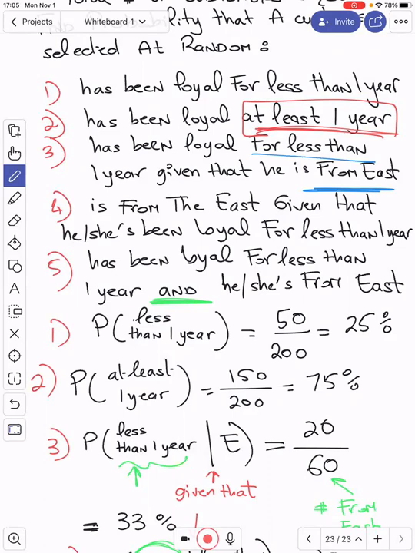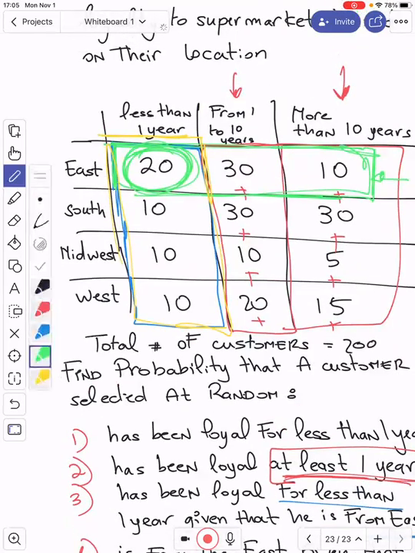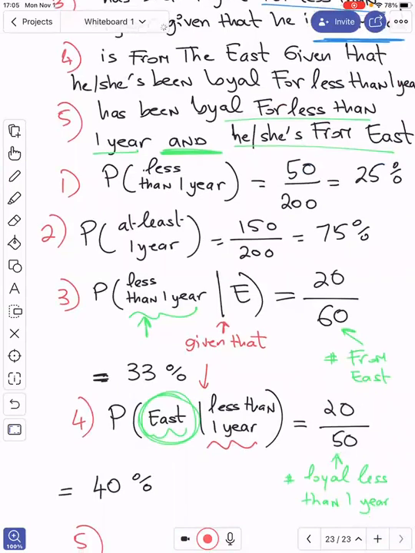Now, out of the 200 customers, how many have been loyal for less than 1 year and he or she is from the East? Well, it's again 20, right? So we have 20 customers from the East and they have been loyal for less than 1 year. So that's 20 over the total number of customers.